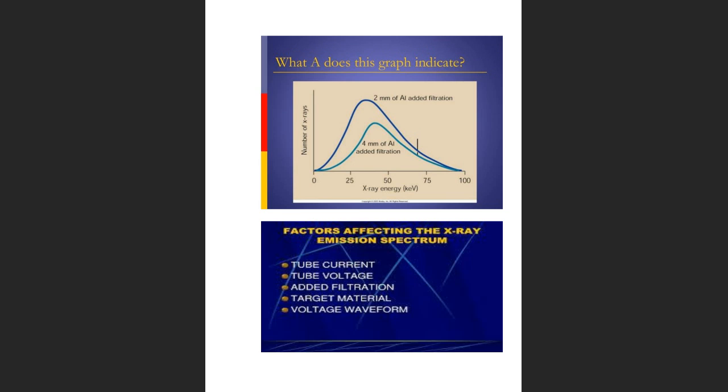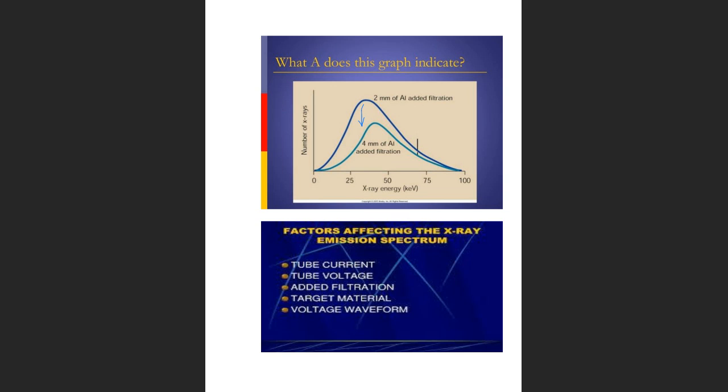Now this one with the 2 millimeter, this is where we're talking about filtration. That's why I say more on the left side of the curve, because we talk about all these X-rays that we got rid of. So we dropped the amplitude, but these were all X-rays that were going to result in patient dose, right?